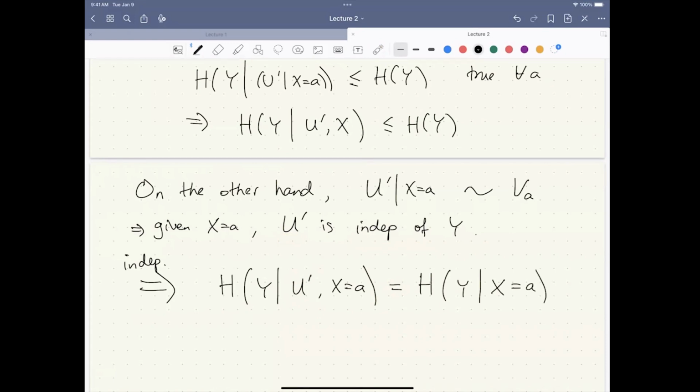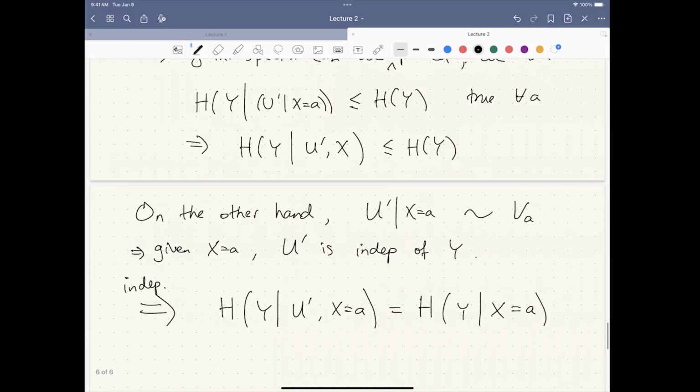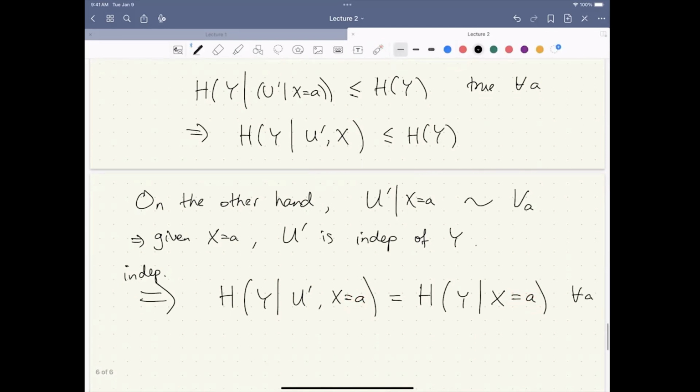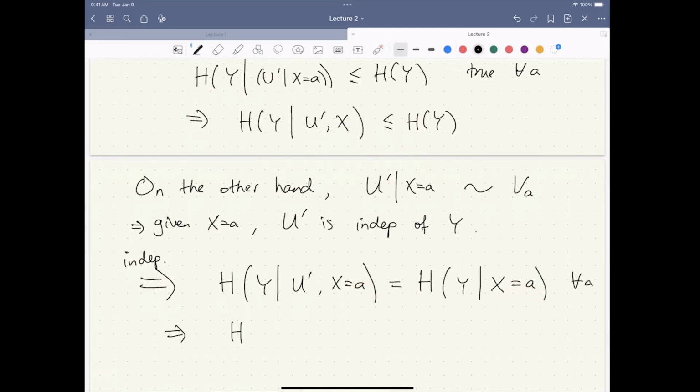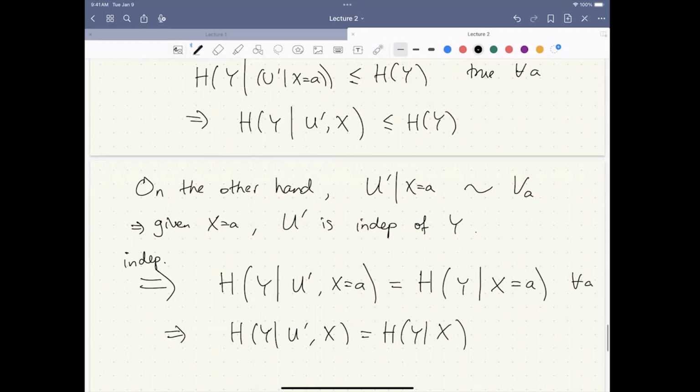All right? And this is true also for all a. That means we can further drop this fixing x. This implies that h of y given u prime, x equals h of y given x. So in other words, conditioning on x, u prime and y are independent.